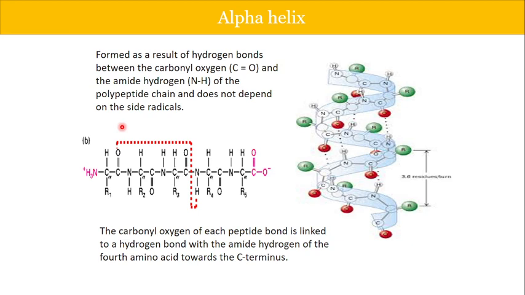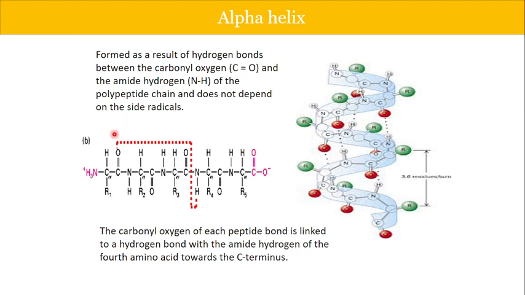How far apart can these amino acids be such that they can form an alpha helix? They can be present at a distance of 4 amino acids.